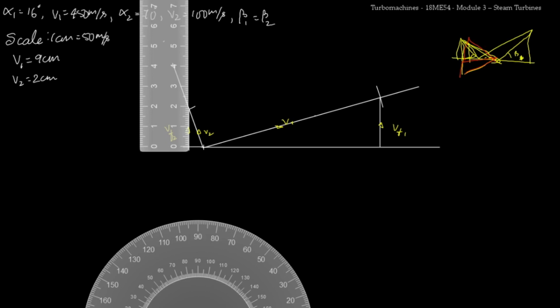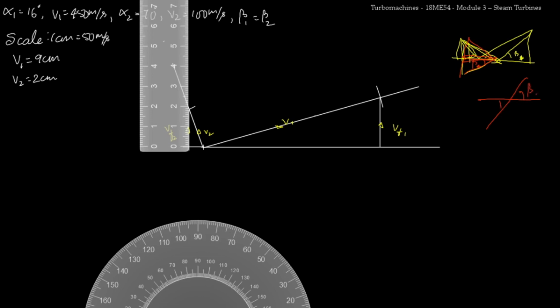Since the height is same and one of the angle is 90 degree, and this side is common for both the triangles, so the angles will be same. So this will also be equal to beta 2, which is also equal to beta 1. So if I draw a horizontal line and then a straight line, and if the newly drawn line is straight, then these two angles will be same.